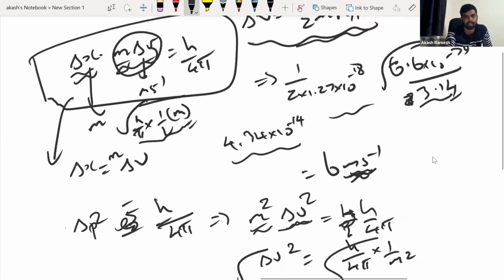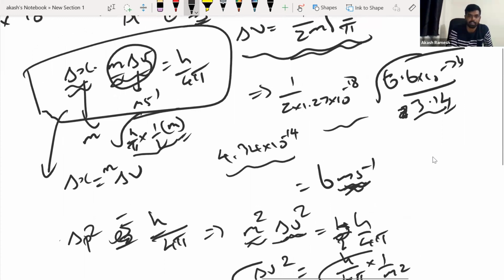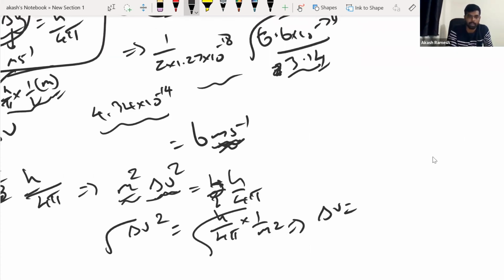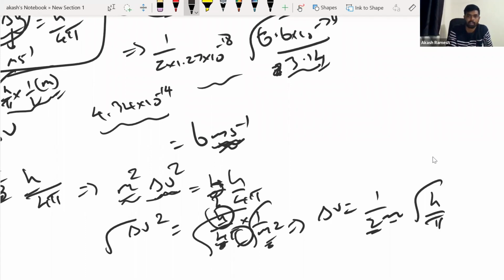Or if I write it properly, delta v is equal to, now h and pi will be in root, and root of 4 will become 2. And the root of m squared will become m, so I'll be writing 1 by 2m. This 2 comes from 4, and this m comes from root of m squared. And what is remaining? Root of h by pi. So this is exactly what we got.